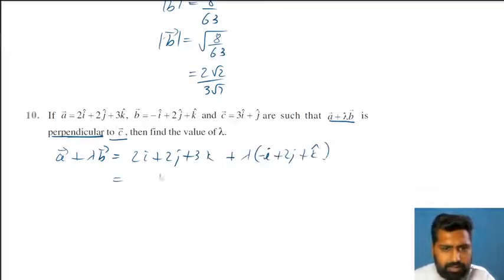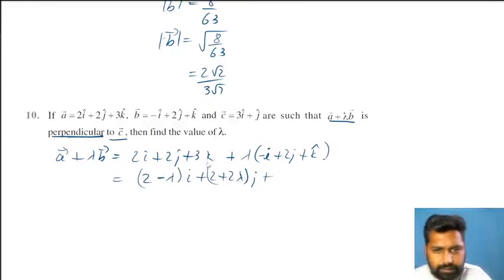So this becomes 2 minus lambda i, 2 plus 2 lambda j, and 3 plus lambda k. I have added i with i, j with j, k with k.